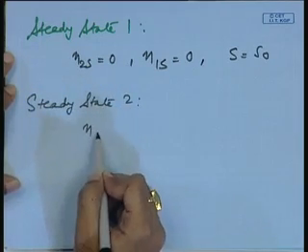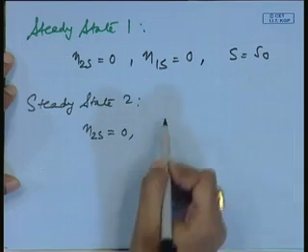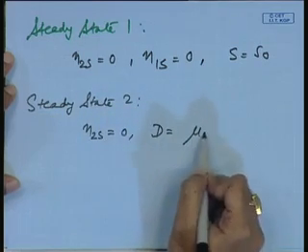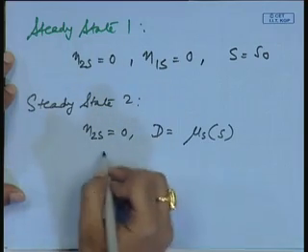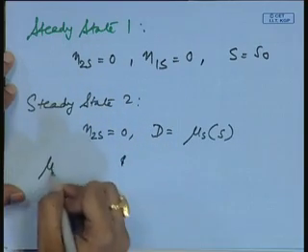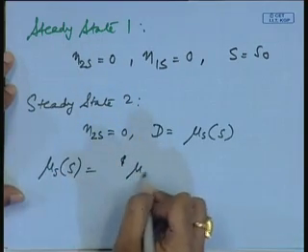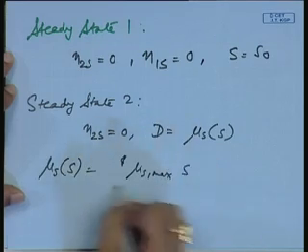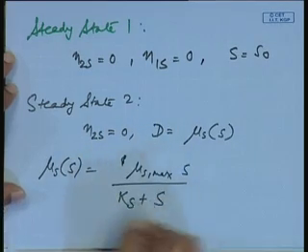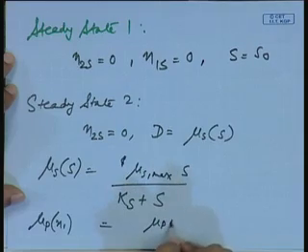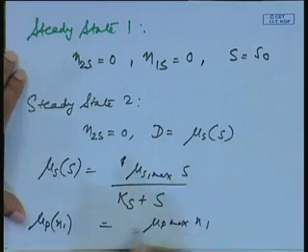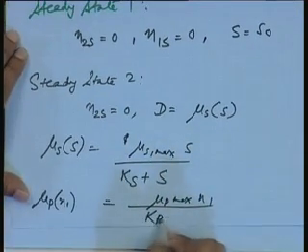N2s equals 0, D equals mu s of S, where mu s of S is given as mu s max times S over Ks plus S, and mu p of N1 is given as mu p max N1 divided by Kp plus N1.